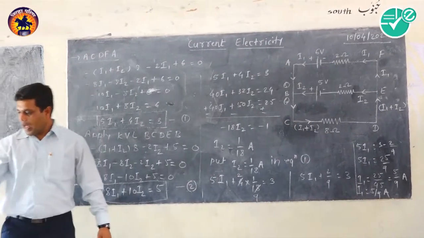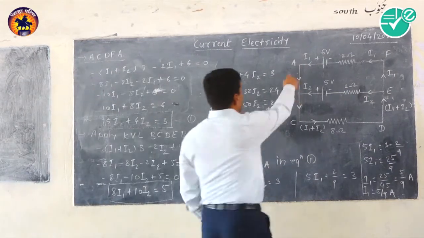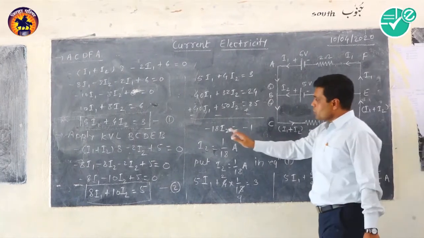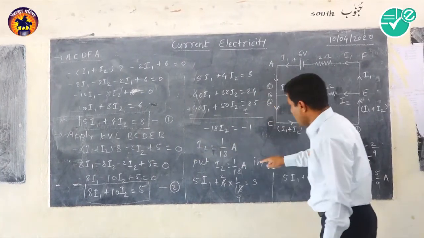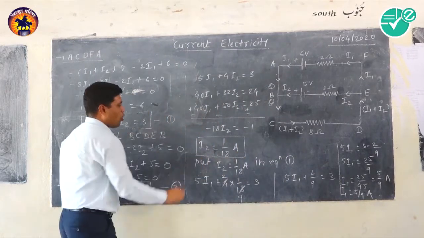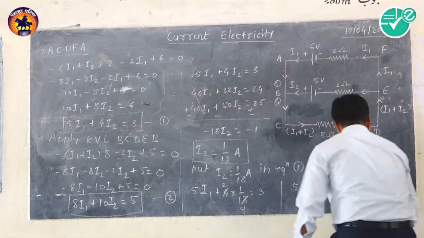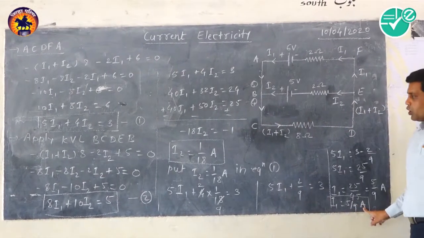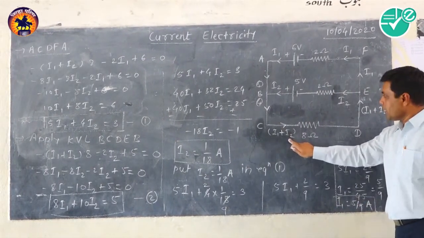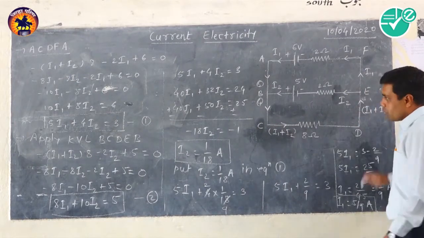So by applying Kirchhoff's voltage law to the loop A, C, D, F, A, we got these two different values. I2 is equal to 1 upon 18 ampere, and the second value is I1 is equal to 5 by 9 ampere. Just adding these two values, we will get the total current, I1 plus I2, flowing through the external resistance.